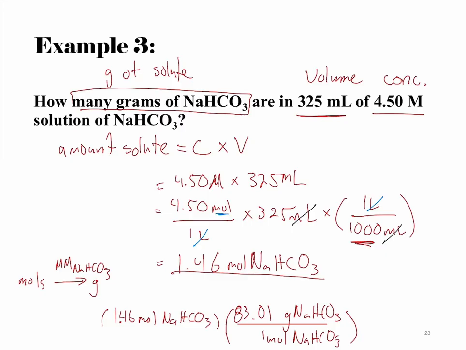Depending on what periodic table you use, they could differ. Mine was 84.01. It depends on which periodic table you use, because if the periodic table has more or fewer decimal places, that'll affect what answer you get. But that's roughly about the right answer.